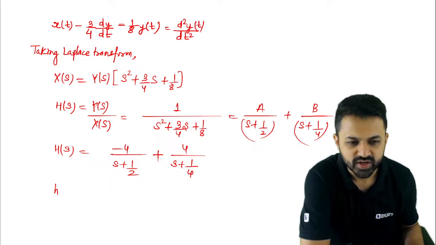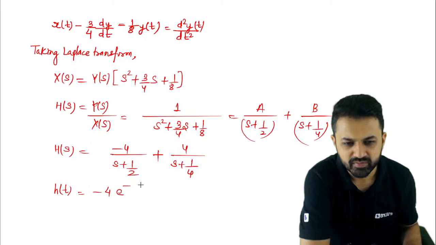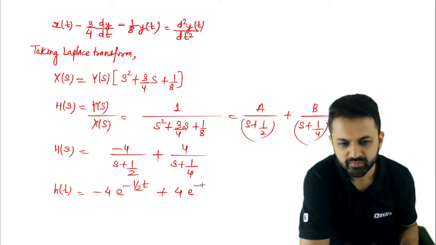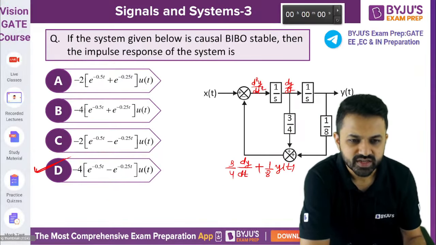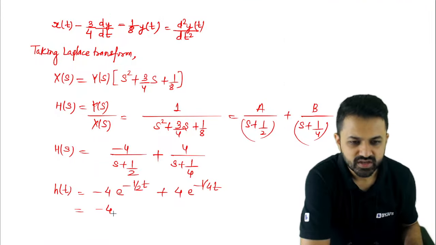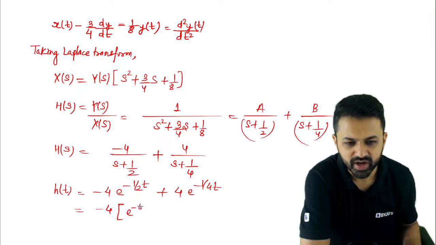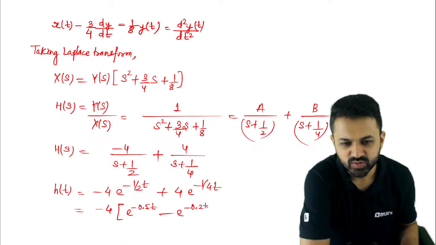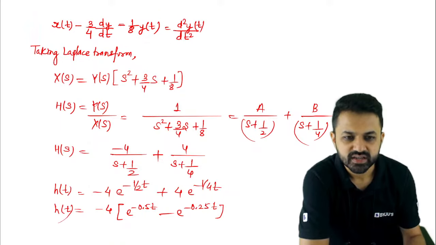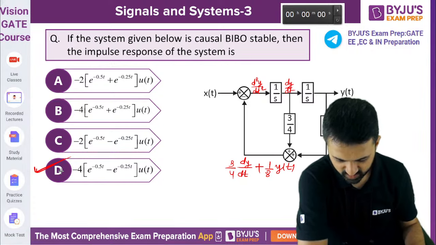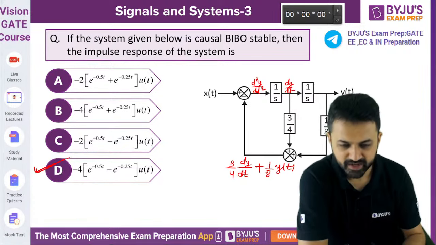Now taking the inverse Laplace, we will get minus 4 e to the power minus 1 by 2 t plus 4 e to the power minus 1 by 4 t. If I take the minus 4 common, then it is e to the power minus 0.5t minus e to the power minus 0.25t. So this is your h of t. This is option D. Yes, correct?